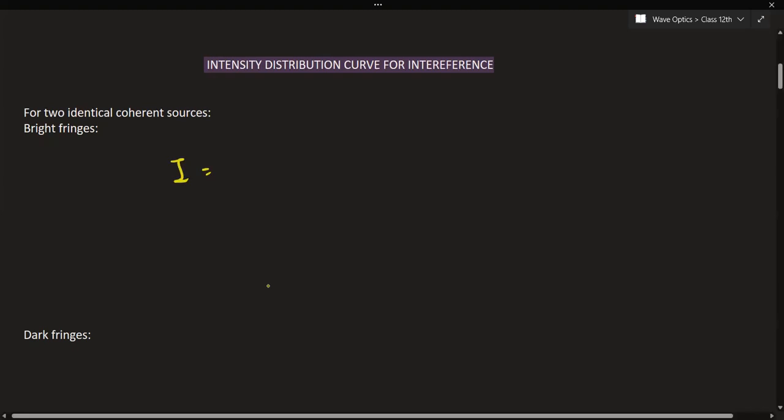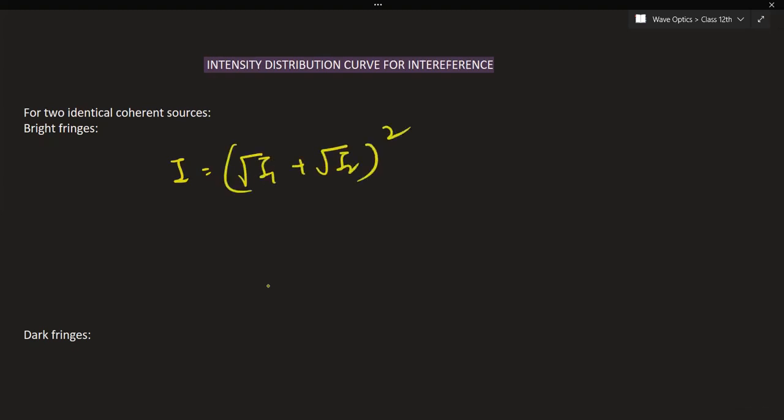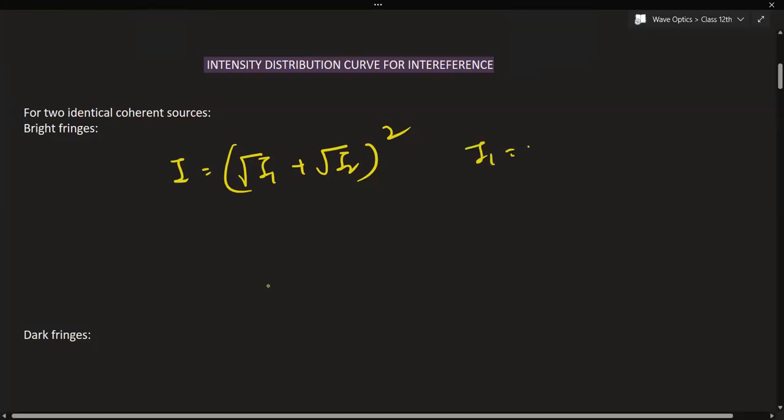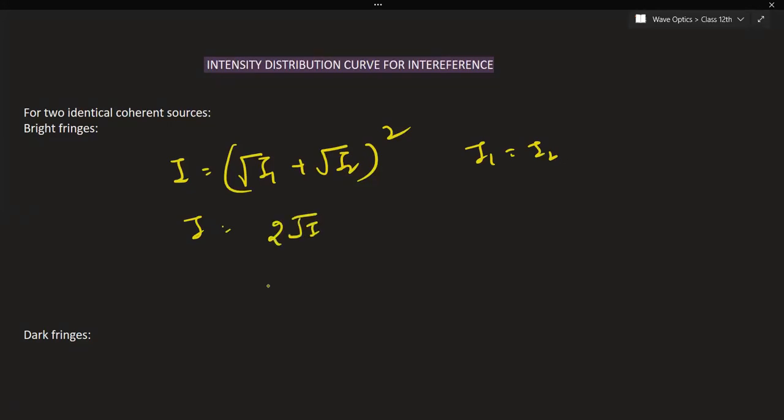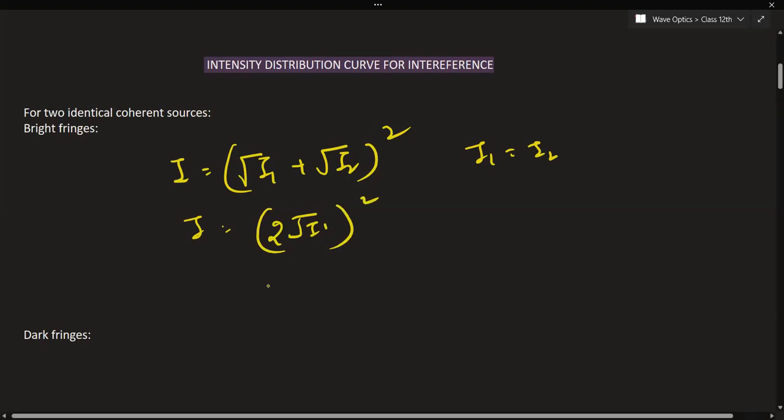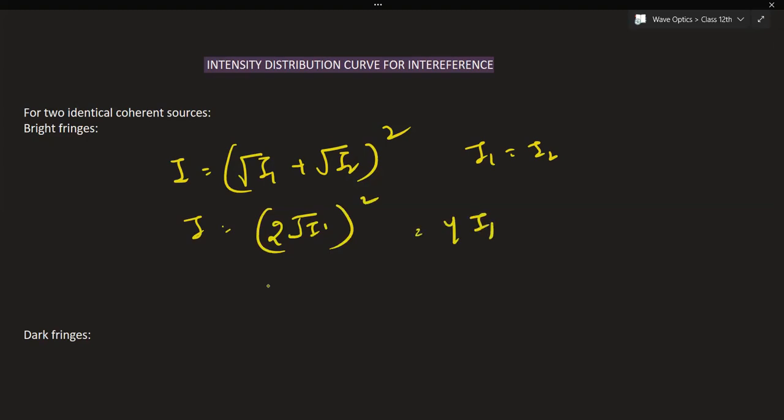Now see, if you have the intensity distribution curve for identical sources, the formula for intensity for the bright fringes is (under root I1 plus under root I2) whole square. Here I1 is equal to I2, so you get (2 under root I1) whole square, which becomes 4 times I1.